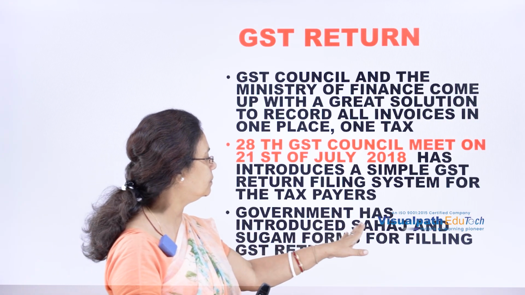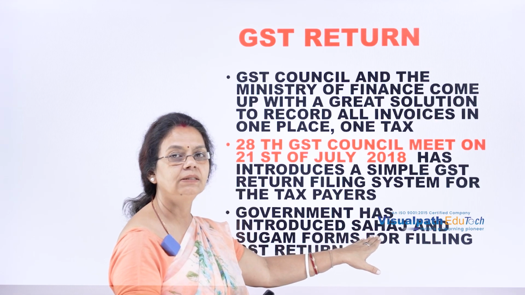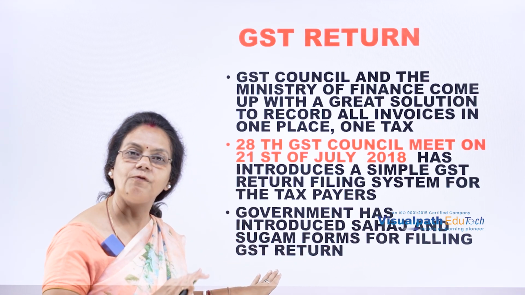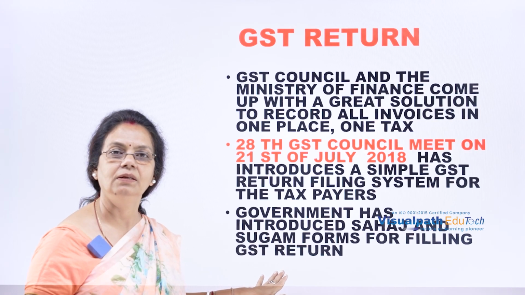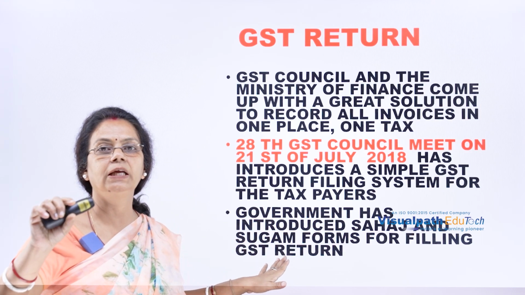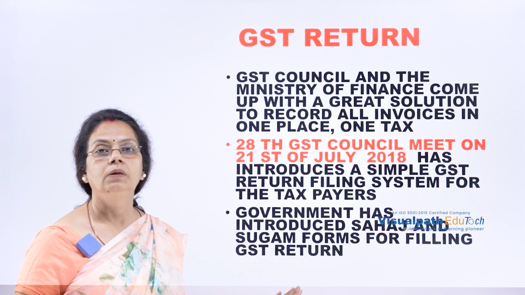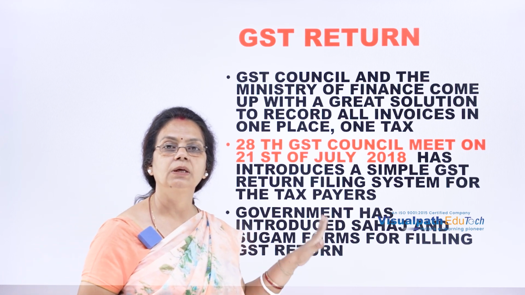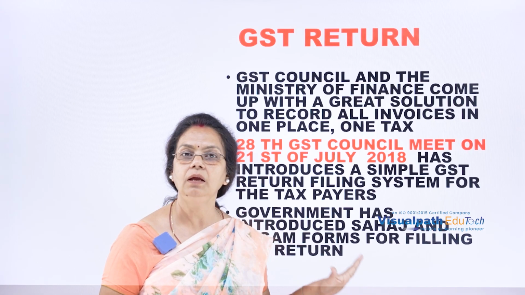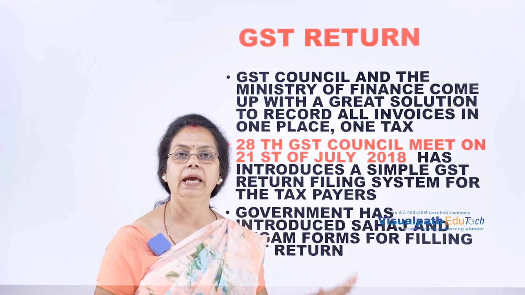Remember these two terms: Sahas, very easy, and Sugam, very simple. Understood? This is mentioned in the form, which was introduced by the Ministry of Finance in the year 2018.